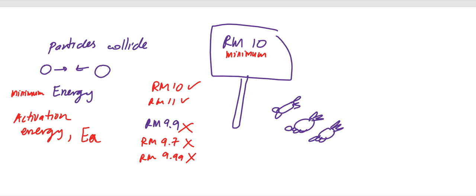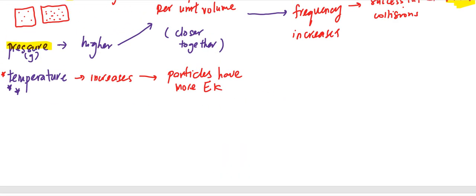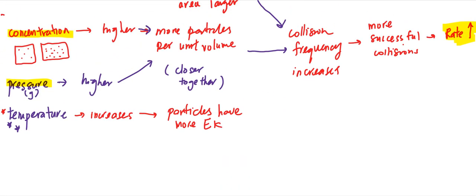Now, when you give the particles more energy, of course they have more kinetic energy, and of course more of the particles can achieve activation energy. In IGCSE, it's very specific.